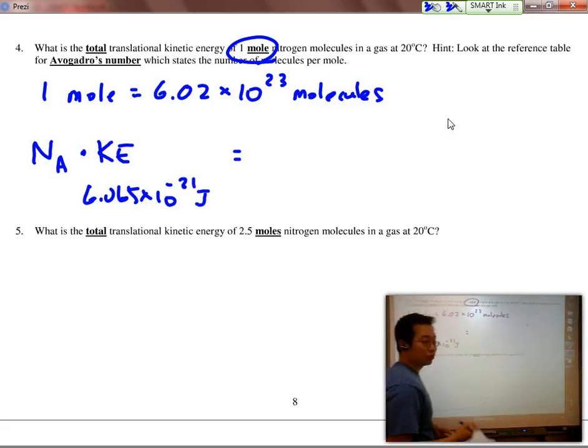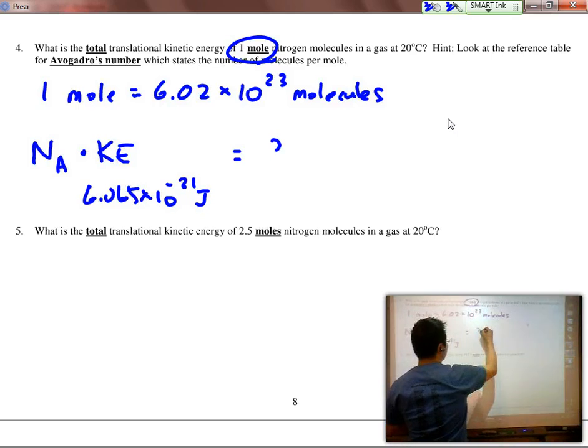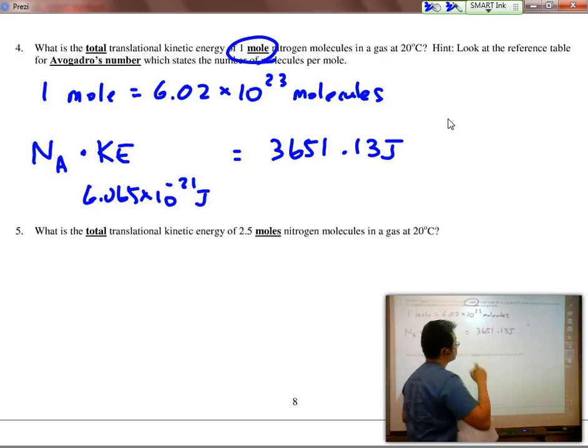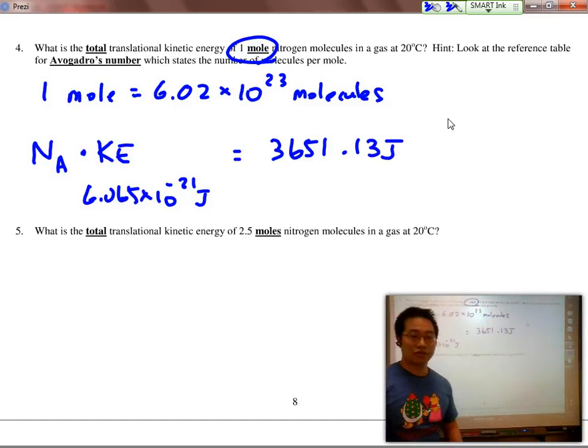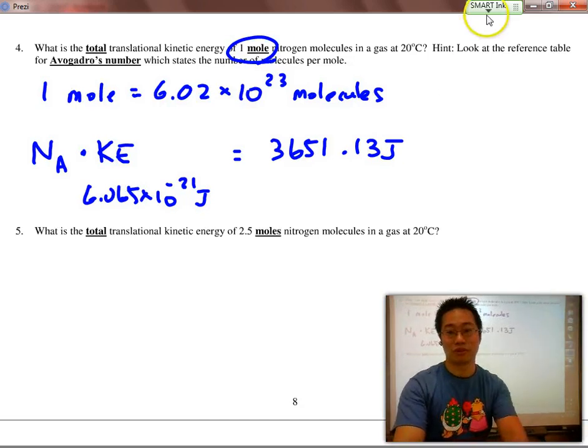You get the total energy of 1 mole of nitrogen gas to be 3,651.13 joules. Okay, so that's just a brief review to recap Avogadro's number and number of moles.